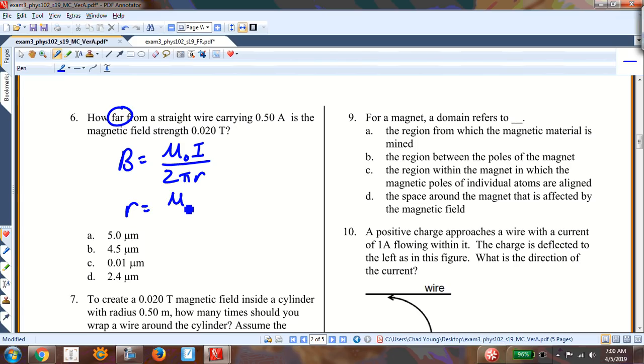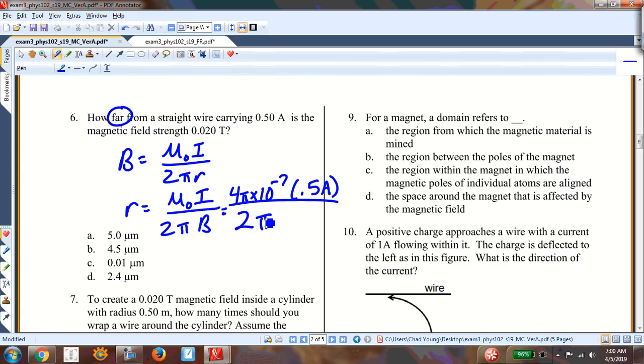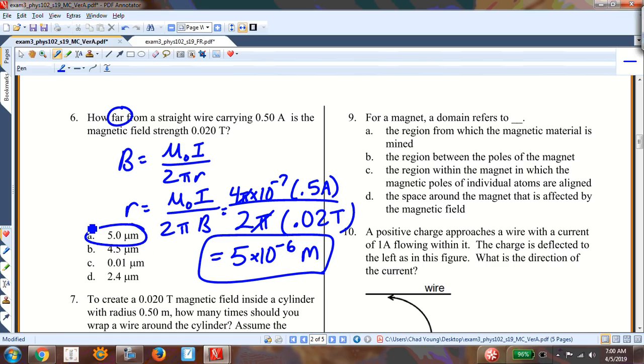So r is equal to mu naught I over 2 pi B. 4 pi times 10 to the minus 7, I is 0.5 amps, divided by 2 pi, and then B must be 0.02 Tesla. The pi's cancel, and then that gives me, for number 6, 5 times 10 to the minus 6 meters. That's 5 microns.